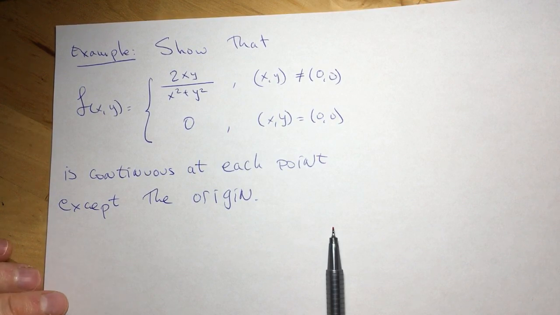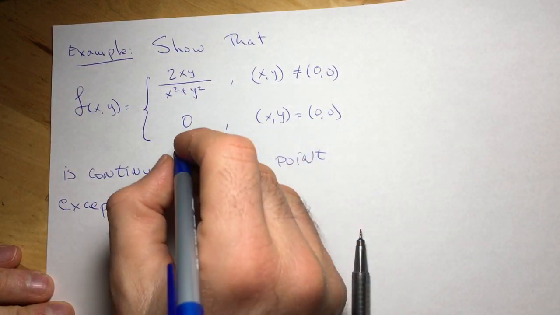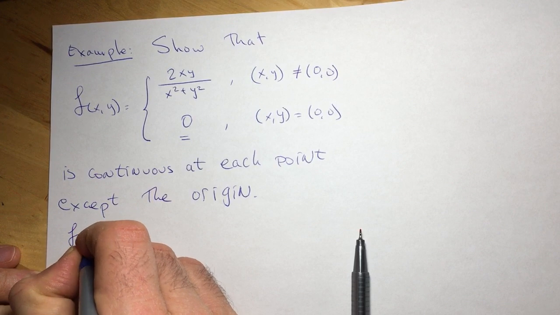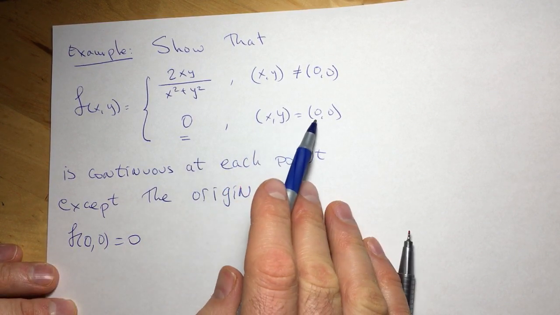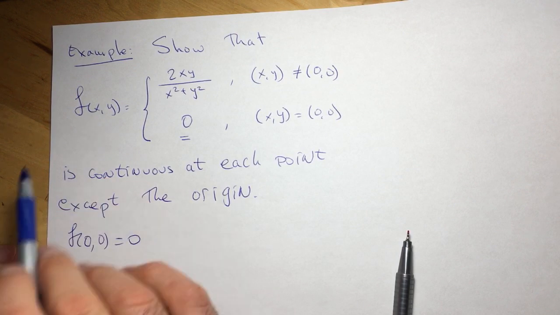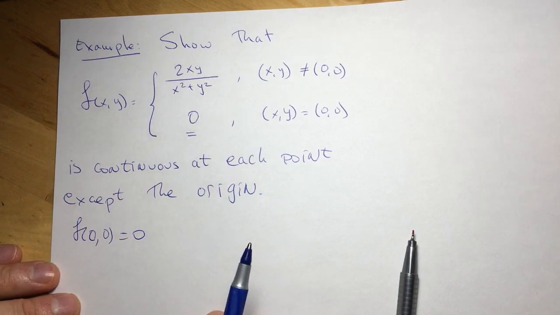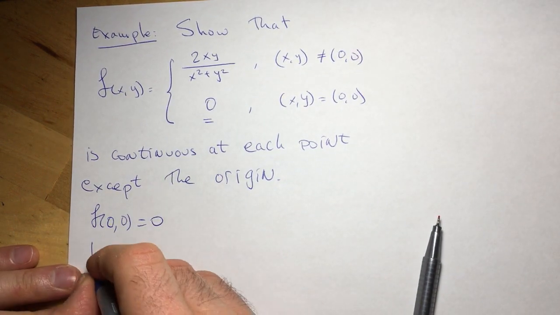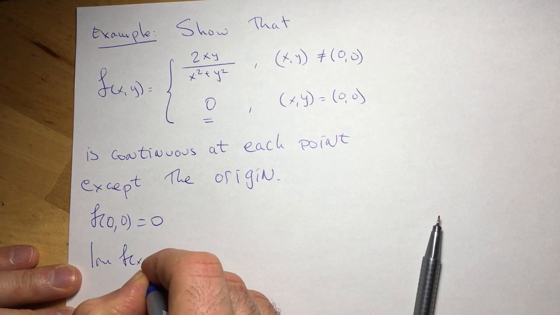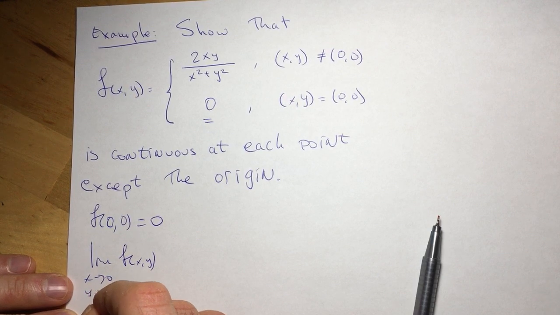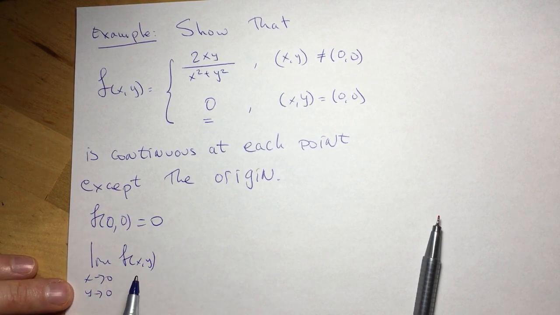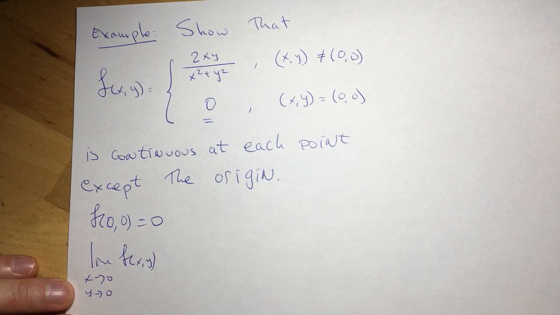Well, is the function defined at 0, 0? Yes, by definition, f of 0, 0 is equal to 0, right? So the origin is in the domain of this function. Now let us check whether the limit of f of x, y exists as we approach the origin. If it does, then that limit has to be equal to 0.